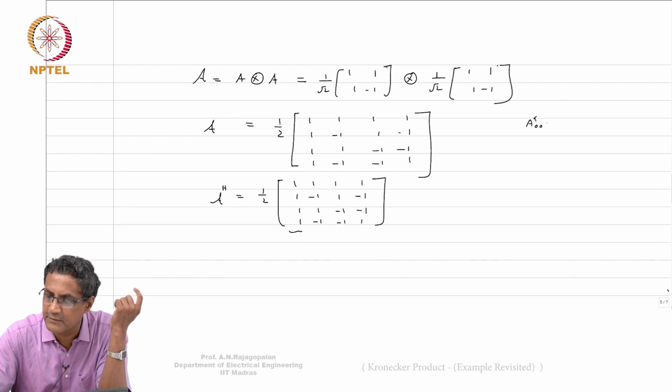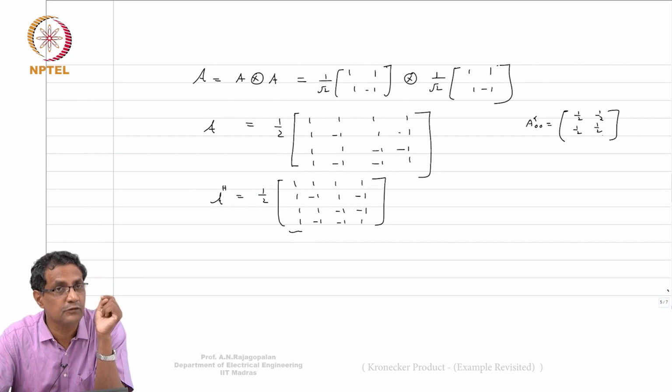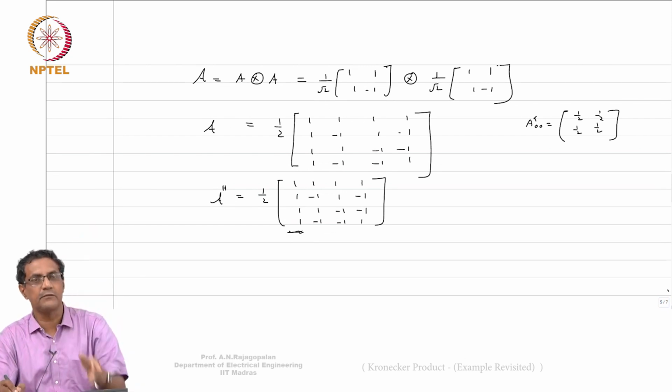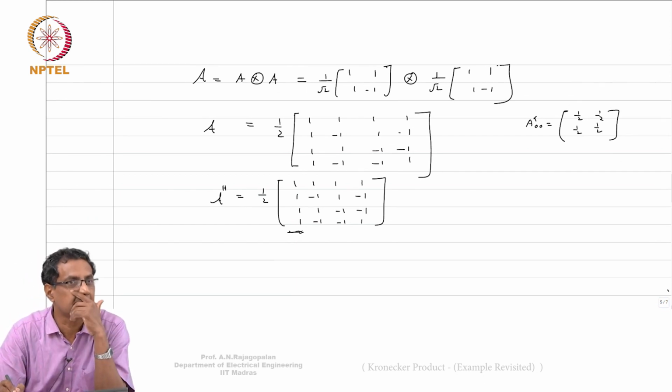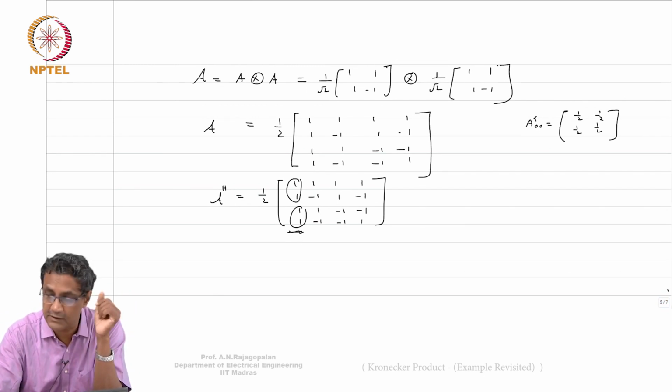It must have been 1 by 2, 1 by 2, 1 by 2, 1 by 2. Can you just go and check? That is sitting right here, just in the form of a single column vector. But if you take the first two entries as the first row and the next two as the second row, you get your A star 0 0.